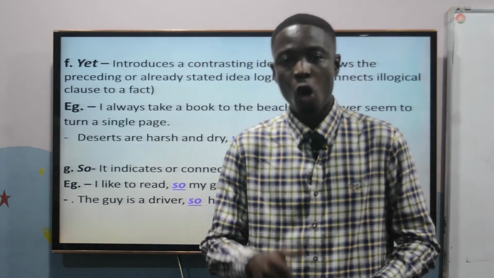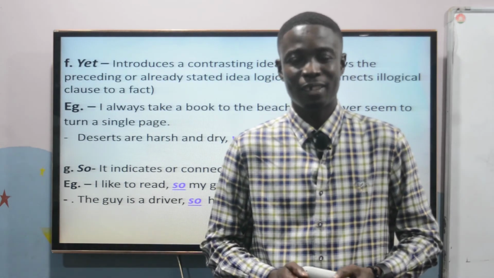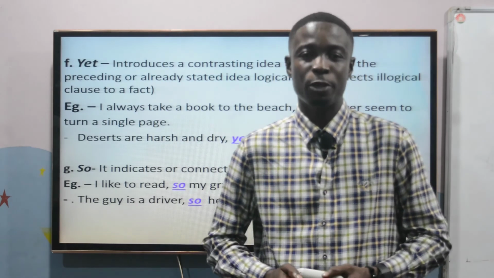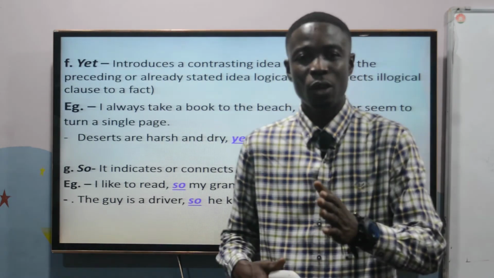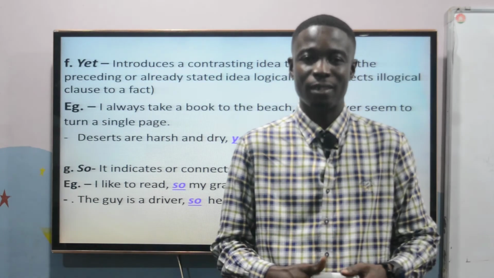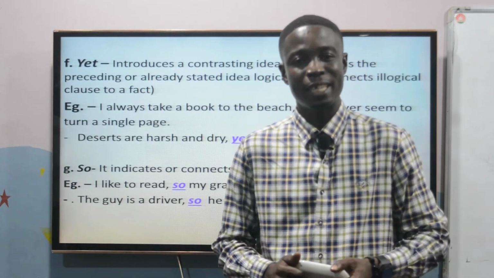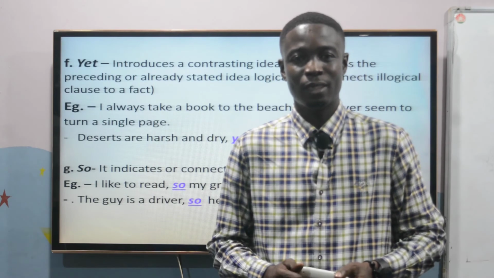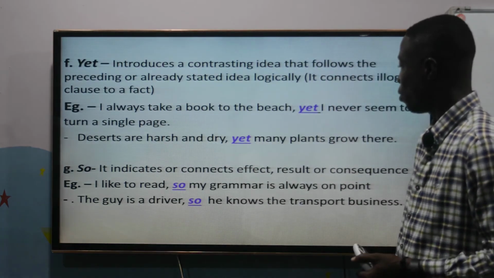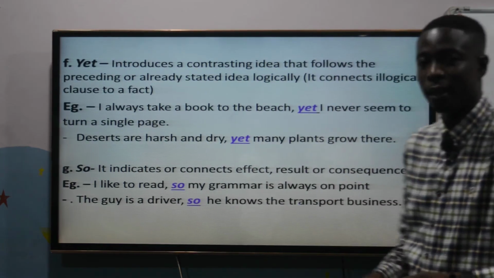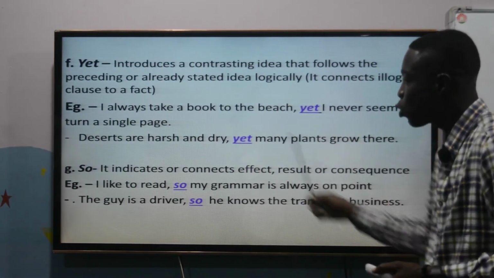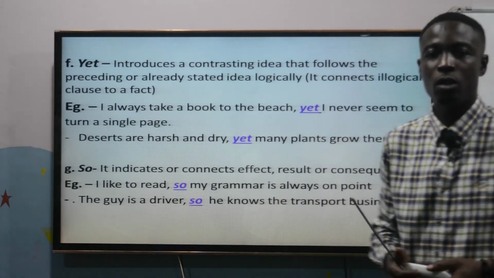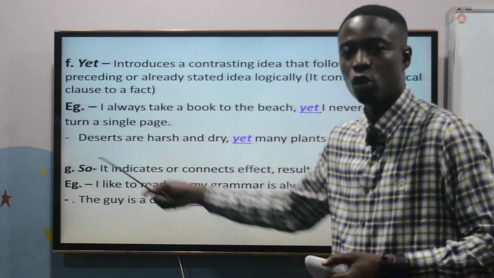And it is very hot in the desert. It's very dry as well, since there is no water. So logically, we don't expect plants to grow in the desert. But in this sentence, we have plants growing there. That is illogical as compared to the first, already stated clause.